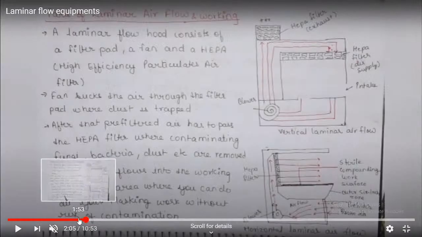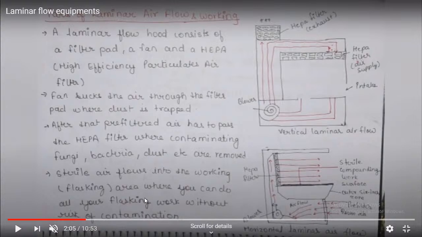So these are the parts and working of laminar airflow: filter pad, fan, and HEPA filter. The clean air is passed to the area where you are working.